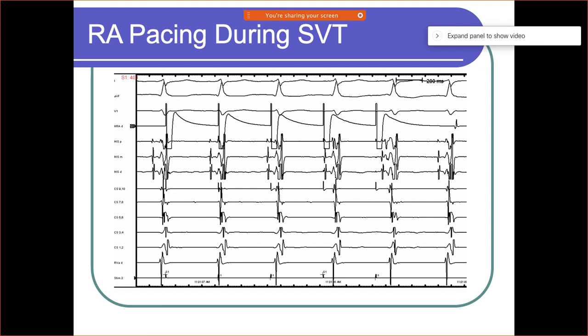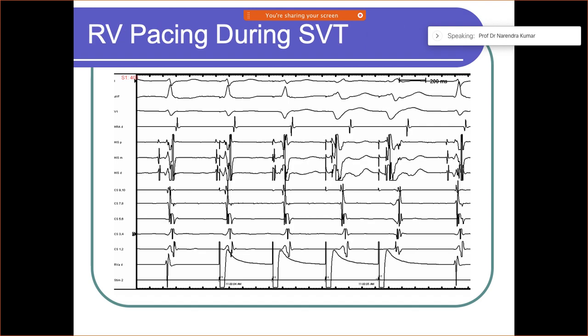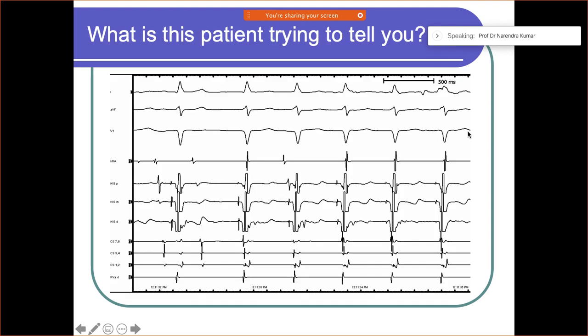And from the right atrium as well, you can do the pacing. Also from the CS as well, you can do the pacing during the tachycardia, and also from the right ventricle as well. So what does this tell you over here? This tachycardia, right now, this is the tachycardia.